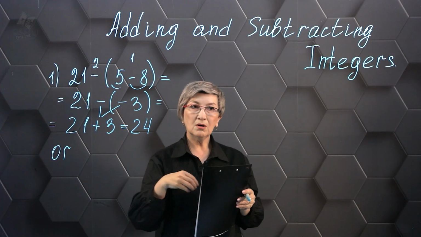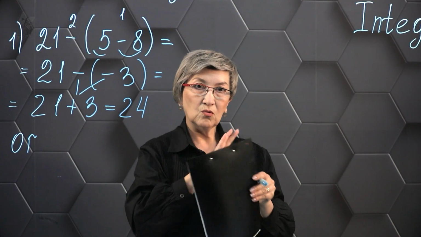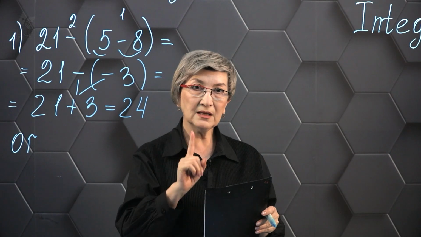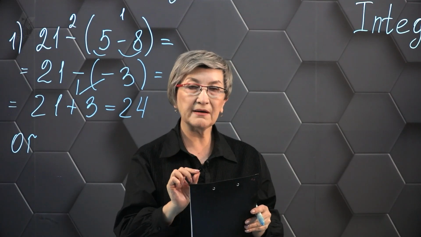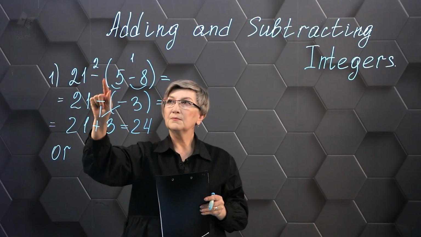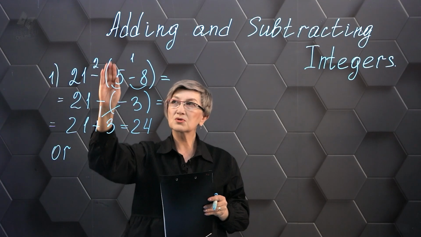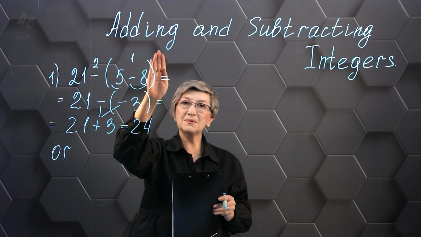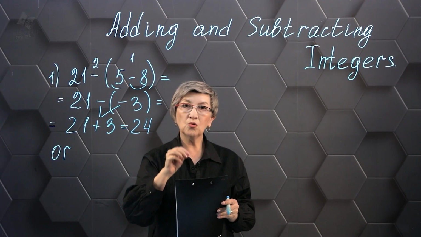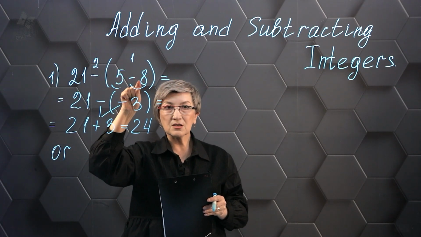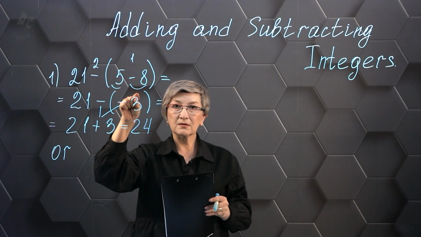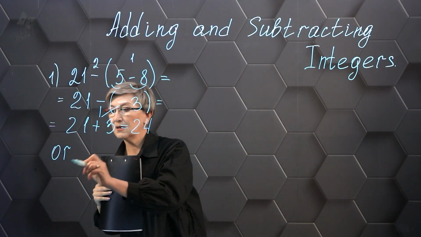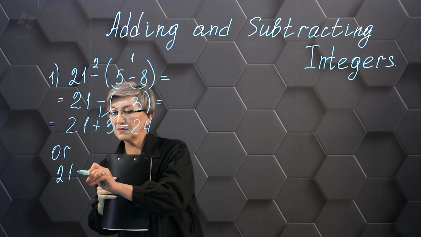I can open the parentheses. I can remove the parentheses, but I have to use the rule. When there is a minus sign in front of a parenthesis, I don't write the parenthesis, but inside the parenthesis I change the sign. The result is 21 minus, I remove the parenthesis, 5.